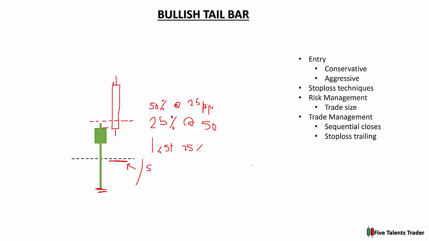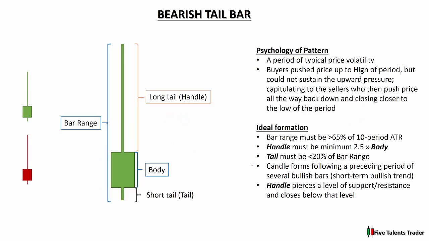And whilst that is happening, for trade management, we also trail the stop loss over a distance of about 50 pips. So providing price keeps going up, the stop loss will just keep trailing 25 pips below the current price. And that is how the bullish tail bar is traded.